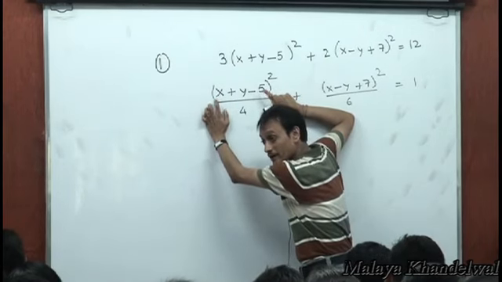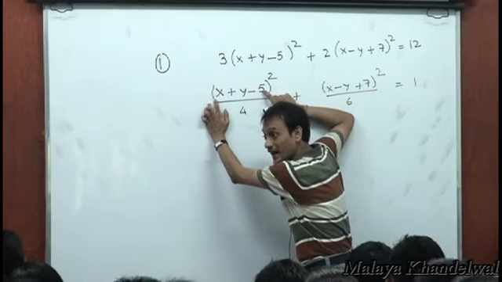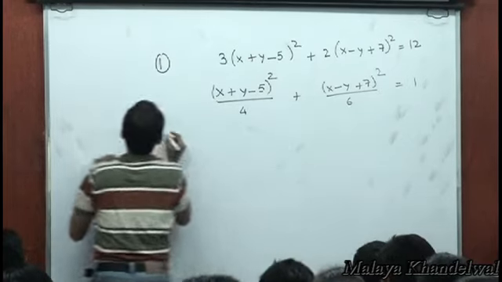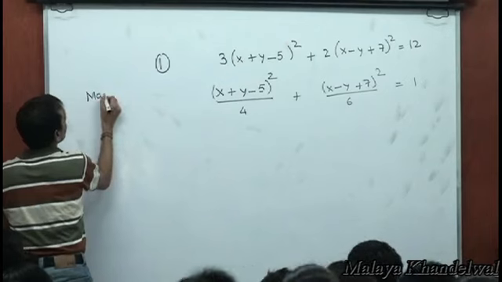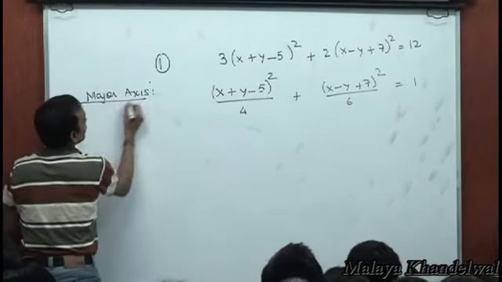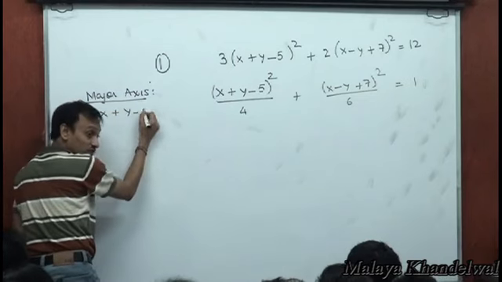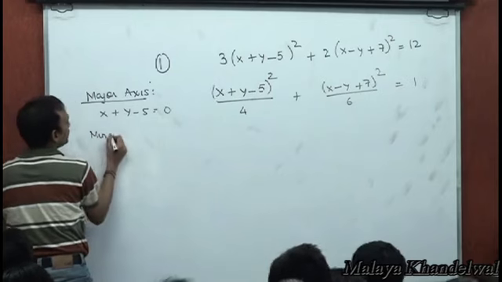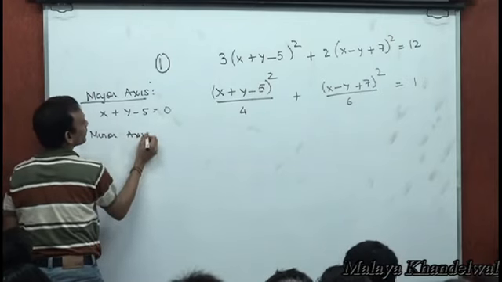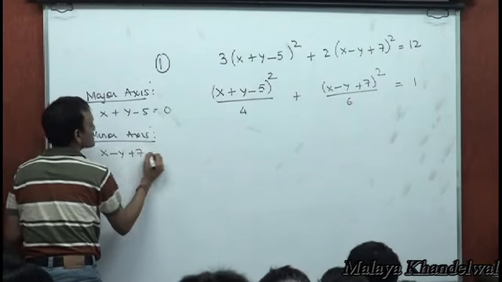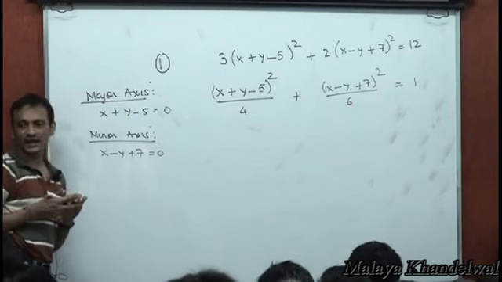So the major axis would be x plus y minus 5 equal to 0. Yes or no? The minor axis would be x minus y plus 7 equal to 0, right?